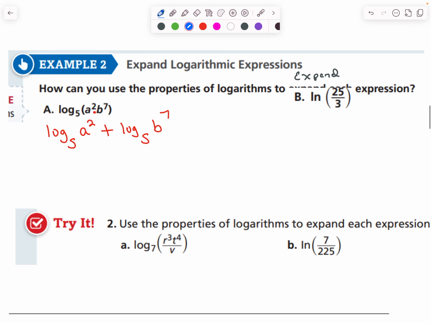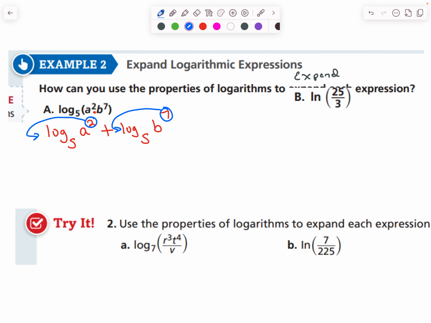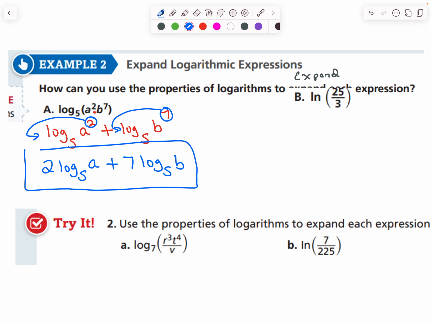The second thing is that we have these powers, and the power property says those powers can go in front. So for our final answer, we'll have 2 log base 5 of a plus 7 log base 5 of b. That's a fully expanded expression.